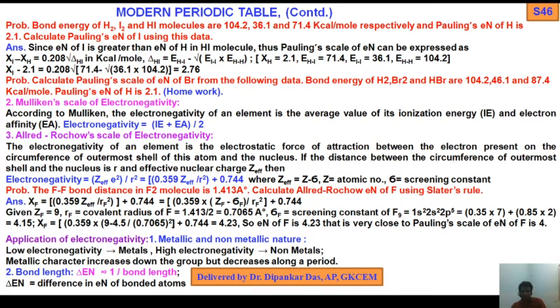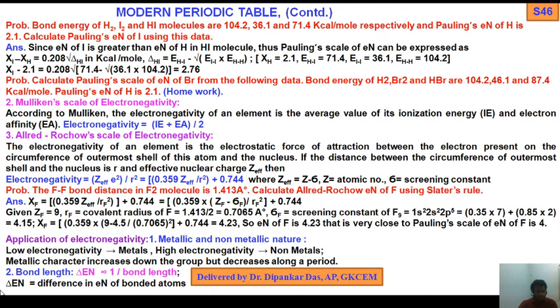So when you apply the Slater rules to find sigma, do not mention any particular orbitals. We find the screening constant sigma F of the outermost shell. Here the valence shell is 2s2 2p5, so 5 plus 2 is 7. 7 into 0.35, plus the rest, that means the n minus 1 shell. This is the n shell, this is the n minus 1. So 2 into 0.85, and that value is 4.15.